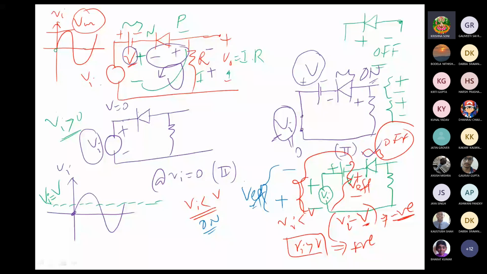Above this level, the diode is off, and when the values are below this, the diode is on. Thus we have seen these facts. So the output will be seen when the input voltage is less than B.